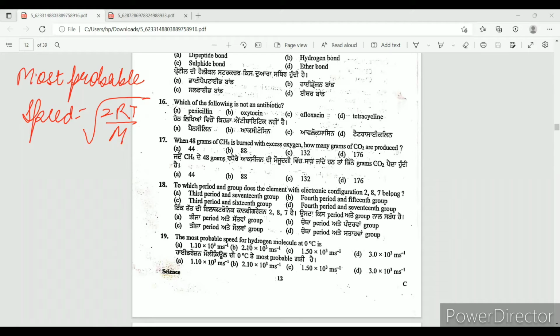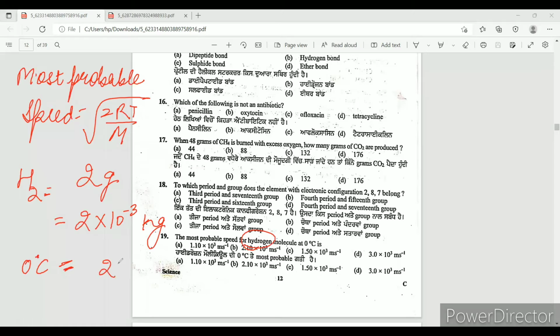Now in the question, we have a hydrogen molecule, that is H2. So the molecular mass of hydrogen will be 2 grams, but we have to take the mass in kilograms. So we have to multiply it with 10 raised to power minus 3, right? Now 0 degrees Celsius corresponds to 273 Kelvin, right?